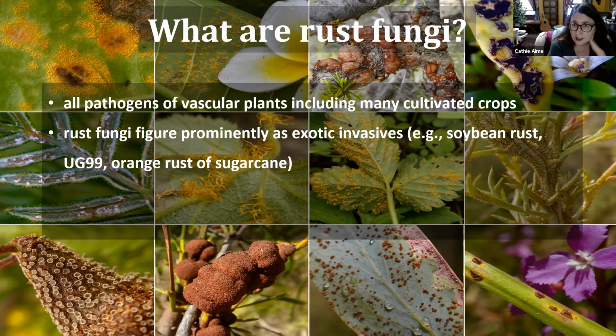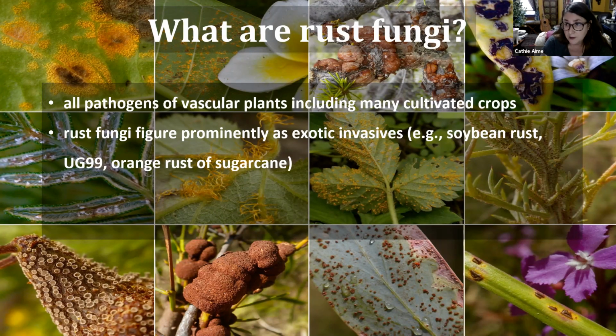When we start looking at organisms that the USDA is interested in as far as exotic invasive disease, you probably heard about some of these exotic invasive diseases, which are new diseases that are getting passed around the world outside of their center of origin. When we start looking at the actual numbers of things that we're concerned about, in the last time the USDA kept a list of these, a little more than 40% were just rust fungi.